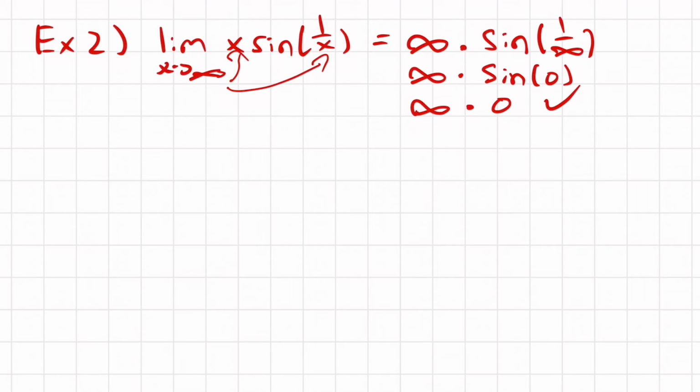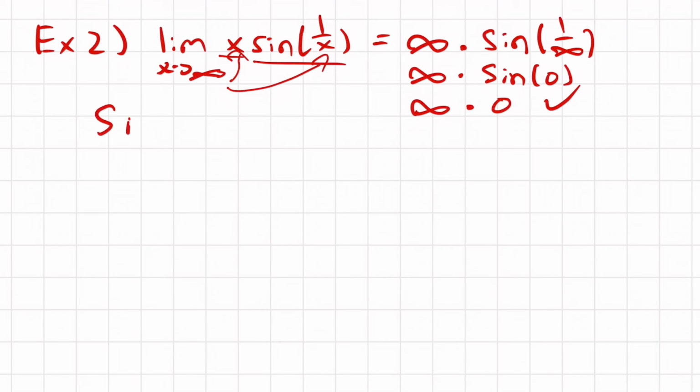So in the case where we have two functions being multiplied together, what we want to do is we want to rewrite this so that when we do another direct substitution, we get a rational indeterminate form. So there are one or two ways that you can do it. You can either keep sine of 1 over x stationary and then divide that by the reciprocal of x.